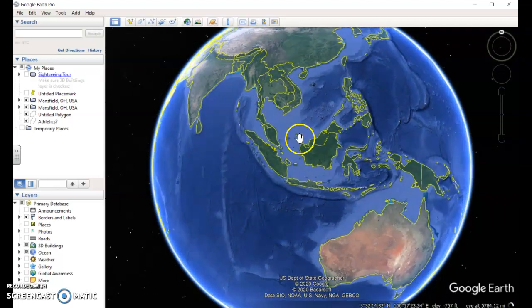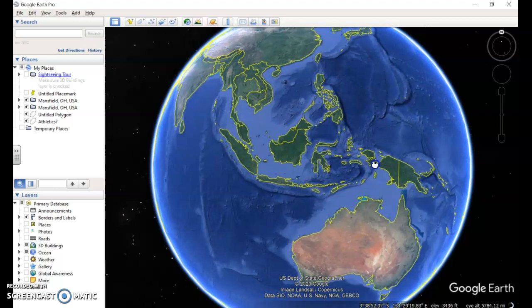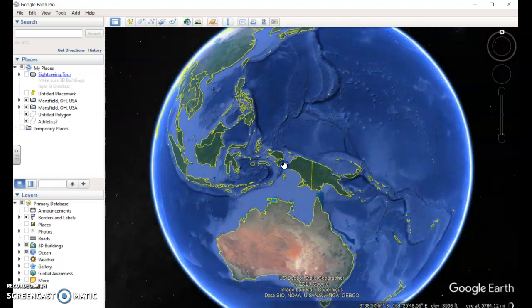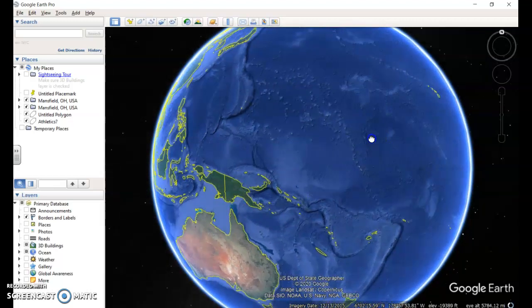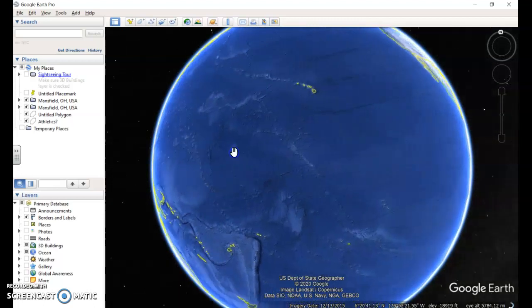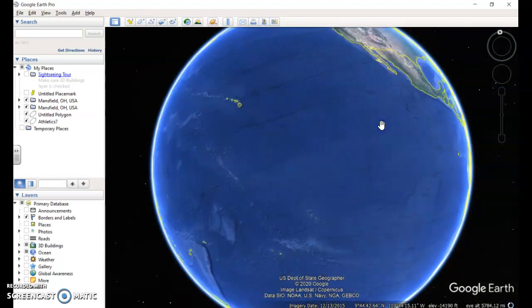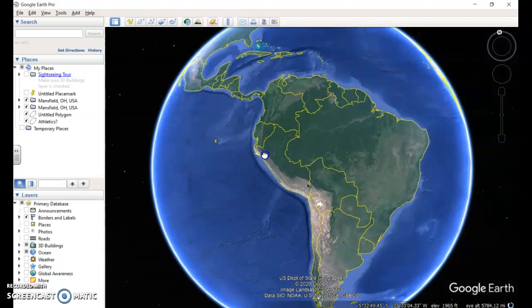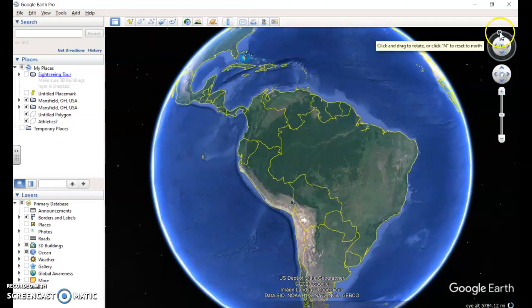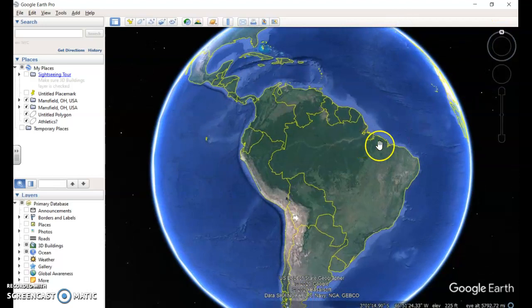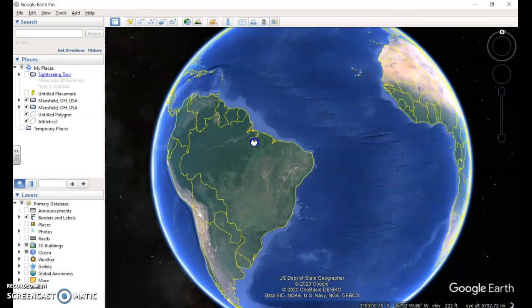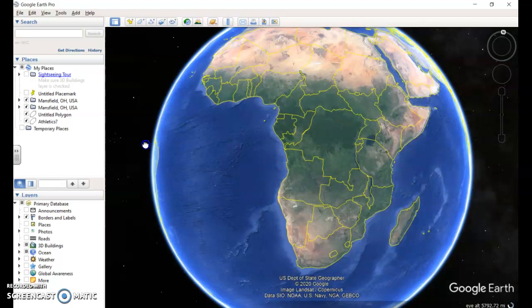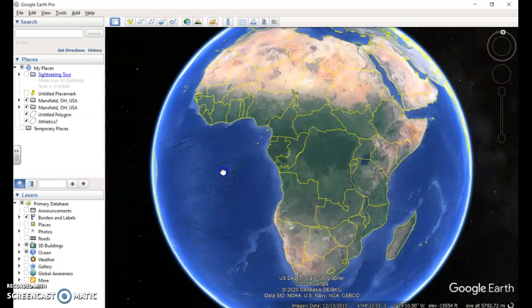So you can see here in the Philippines, another portion, and continuing around, going back to South America, our biggest rainforest, the Amazon, also lies along the equator. Now back to Africa, and you'll see that line of the equator.